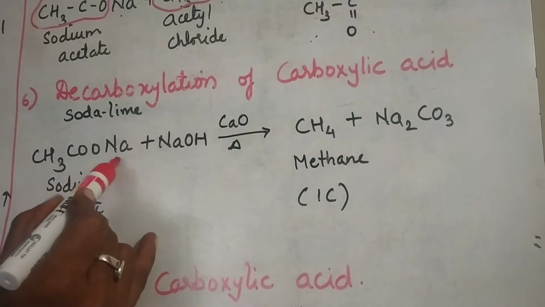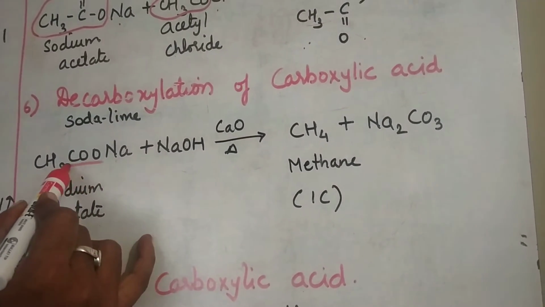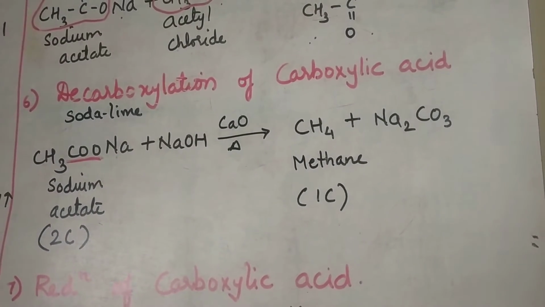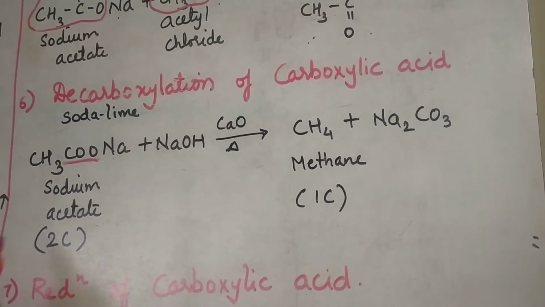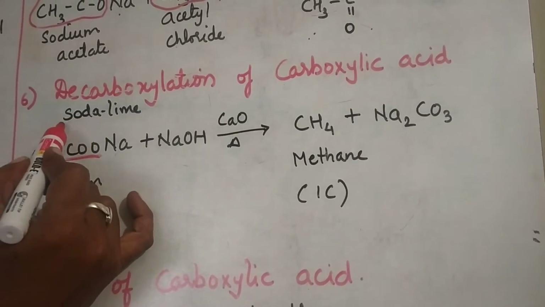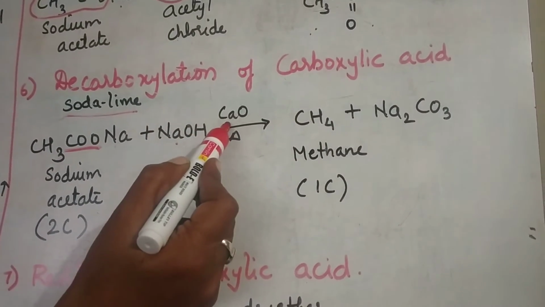From the sodium salt of carboxylic acid, the CO2 group will be removed by treating that sodium salt of the acid with soda lime. What is soda lime? It is a mixture of NaOH and CaO.